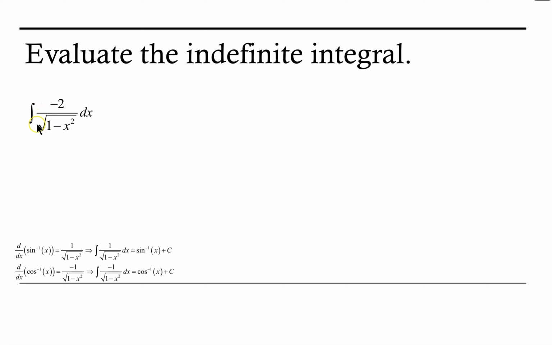In this case, we have the antiderivative of negative 2 over the square root of 1 minus x squared dx. Using linearity, let's pull that negative 2 coefficient in front of the integral symbol, and we have negative 2 times the antiderivative of 1 over the square root of 1 minus x squared dx.